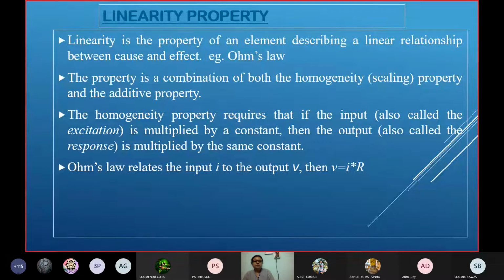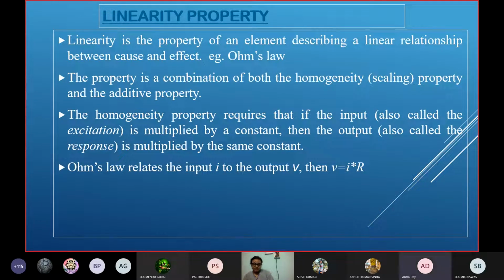It is better explained with Ohm's law. Next is the homogeneity property: if the cause is multiplied, the effect also gets multiplied by the same factor. Understood? And the additive property is the superposition property.